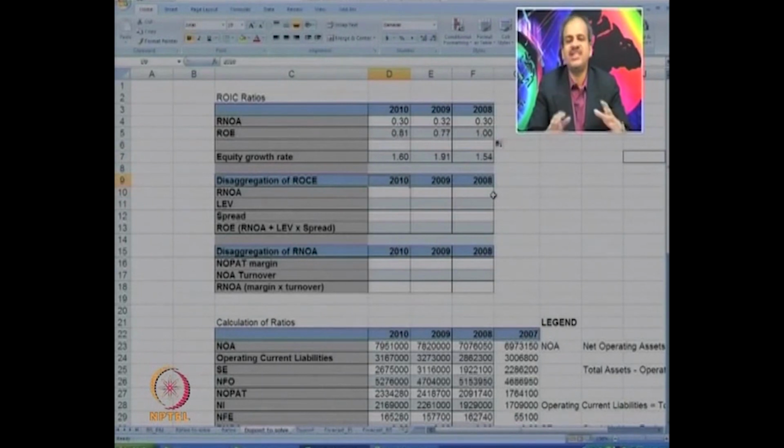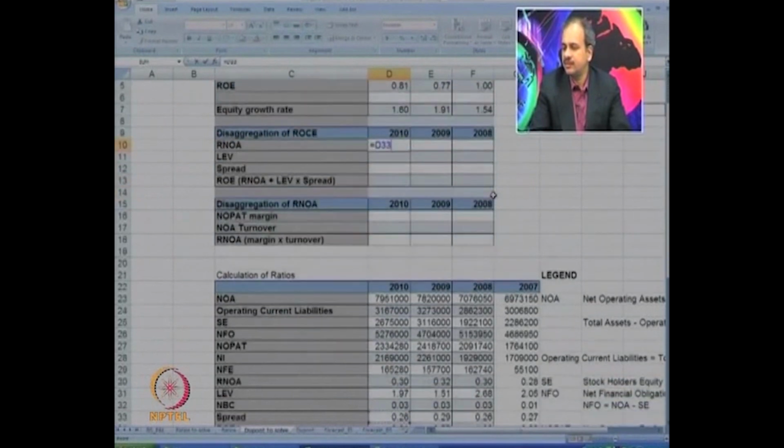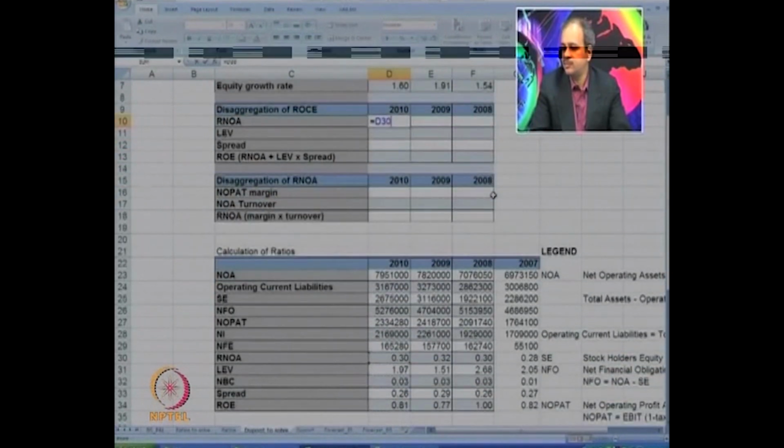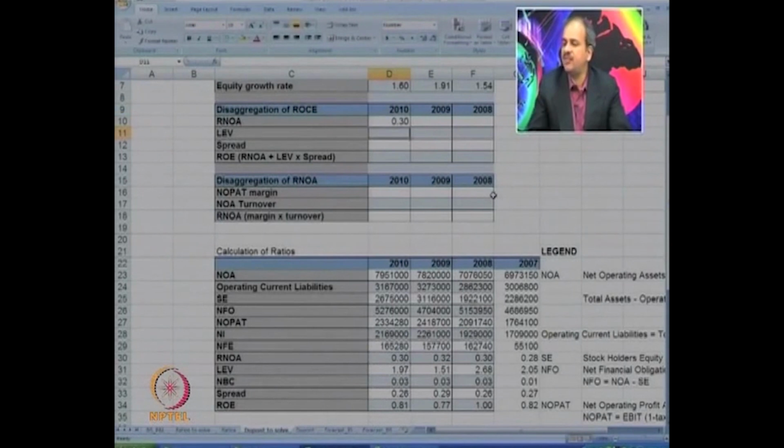Now, we try to disaggregate ROCE. I hope you know what ROCE is, that is return on capital employed. It consists of these subparts. First is RNOA, which we are very much aware of, which was roughly 30%.